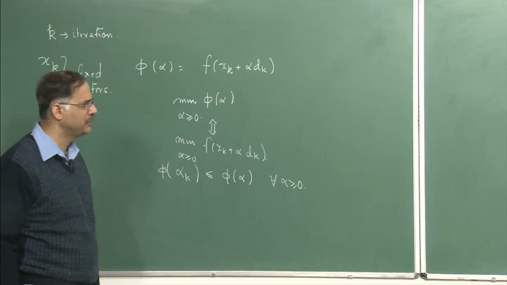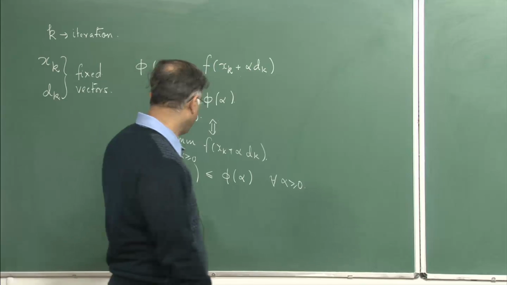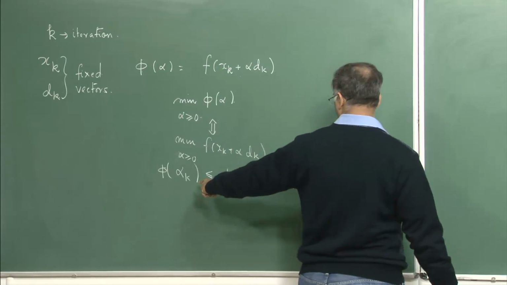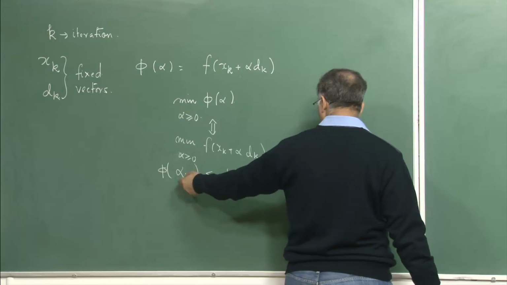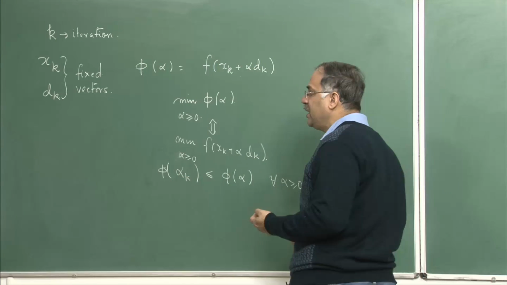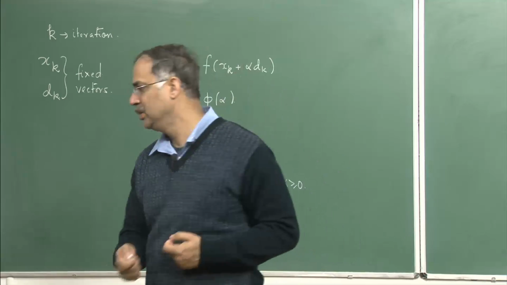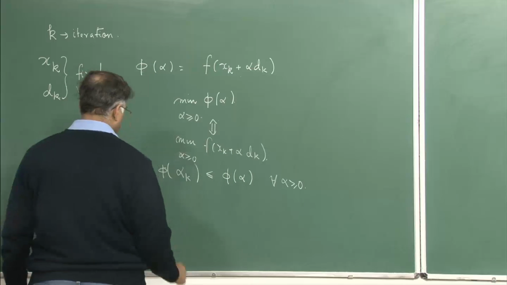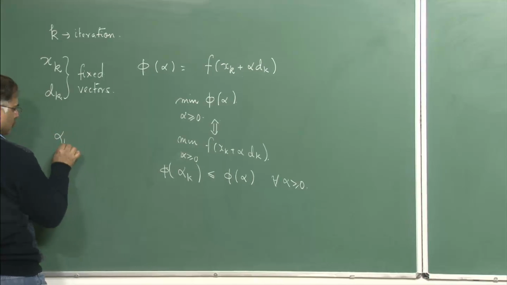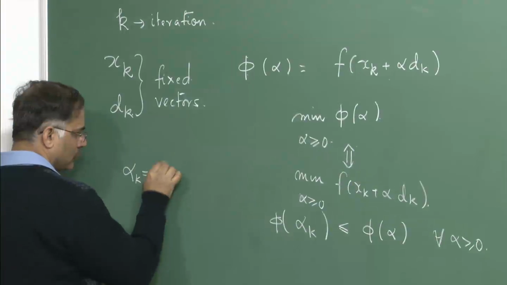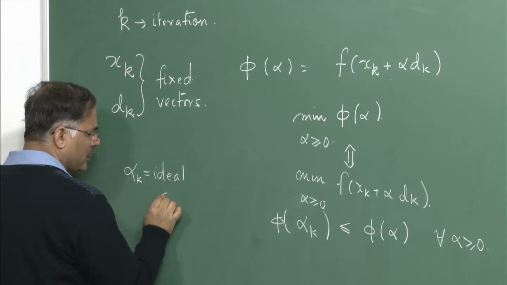Step length is always positive. So what you see is that this alpha k should ideally be my choice of step length. So alpha k is the ideal choice of step length.